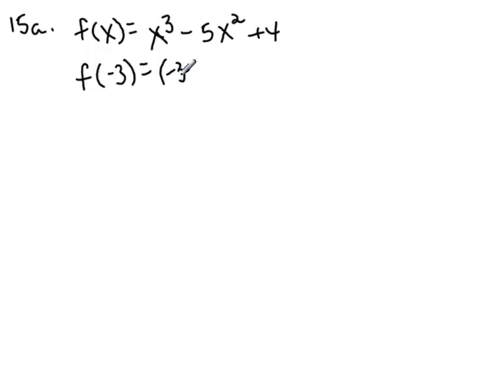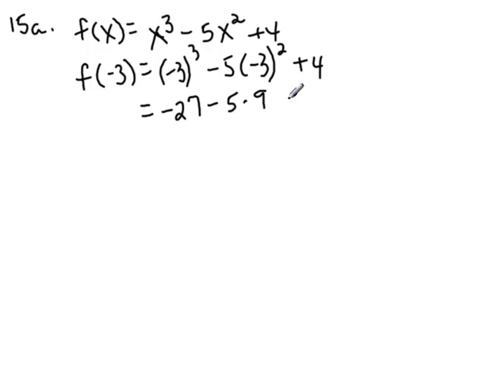So I have negative 3 cubed minus 5 times negative 3 squared plus 4. Negative 3 cubed is negative 27, minus 5 times negative 3 squared, which is positive 9, plus 4.